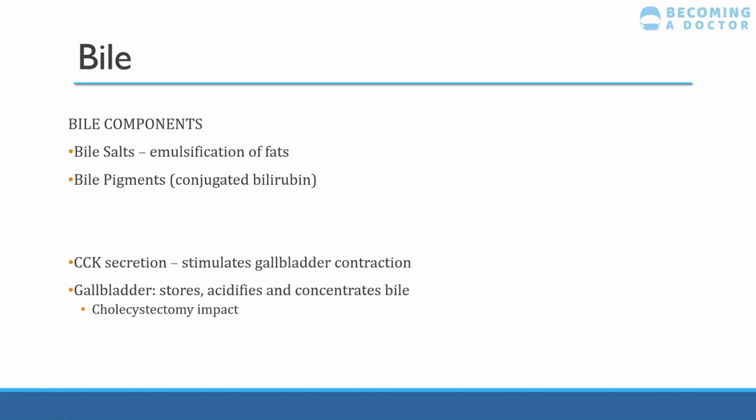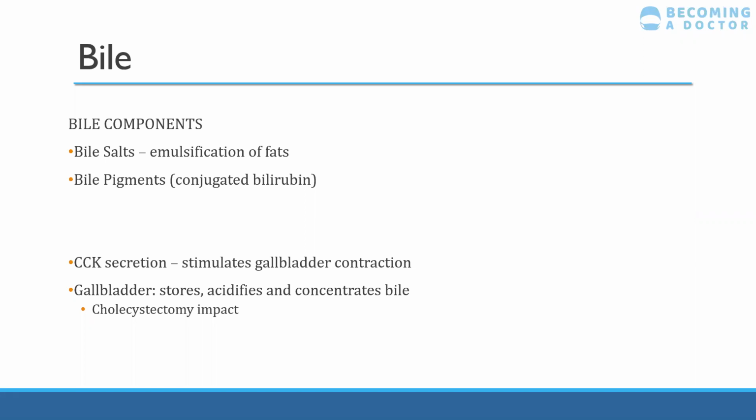And these bile salts are really important because they emulsify your fats. And the way they do this is because they're amphiphilic. So that means that one part of them is hydrophobic, the other part is hydrophilic. And therefore, this allows the fats to be easily digested and absorbed by your small bowel.